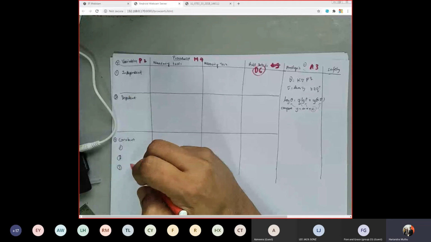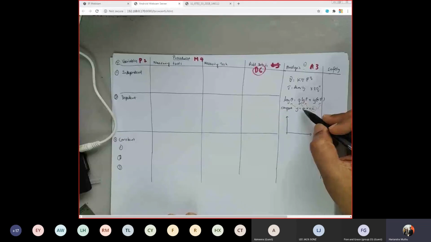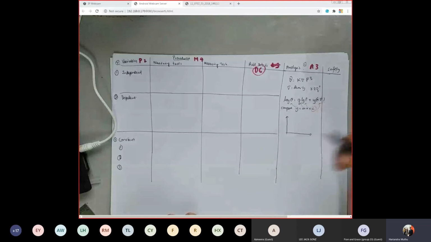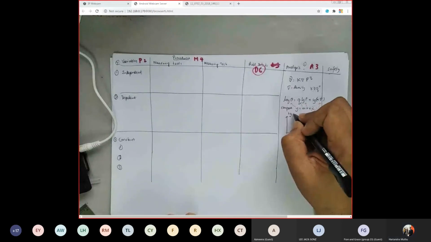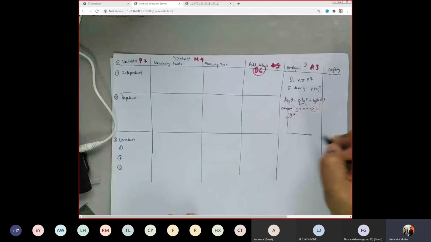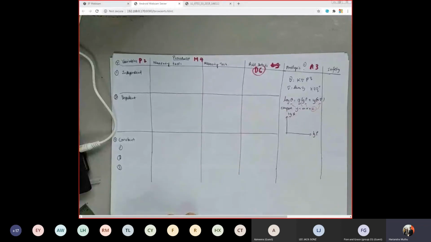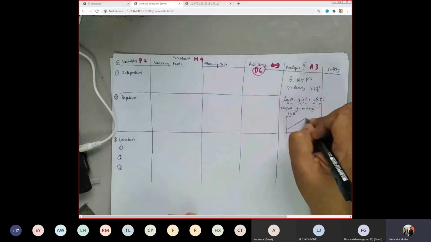Okay, so the next thing what you should do, okay, what is the expected graph? What would be the expected graph? Because now since you compare the y equals to mx plus c with this equation, what will be the expected graph? So if I plot log theta versus log p, okay, so I would get this graph. This is the expected graph.